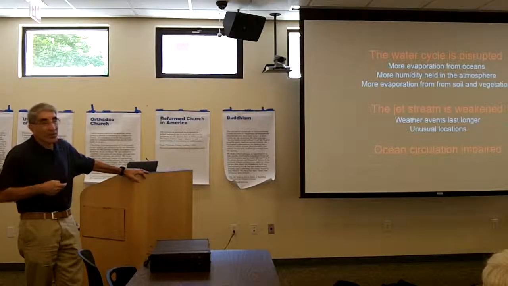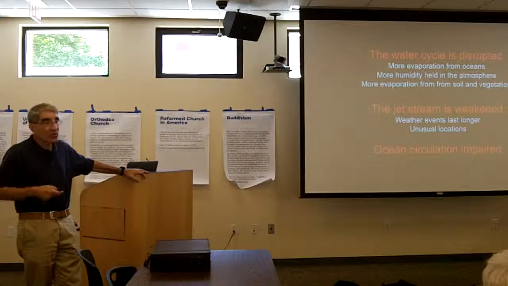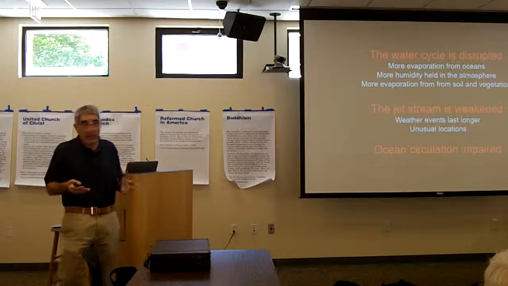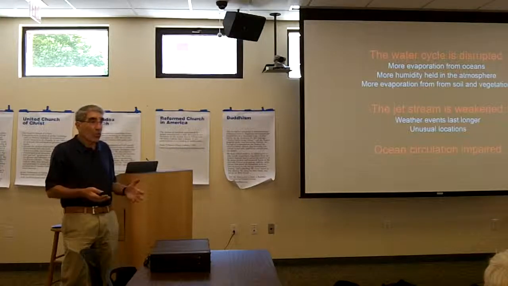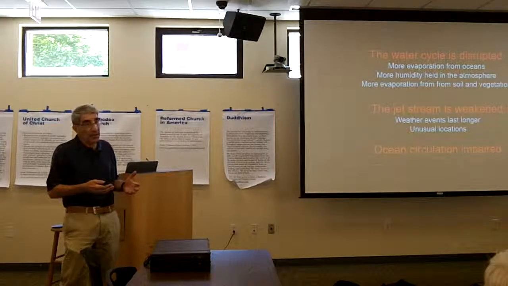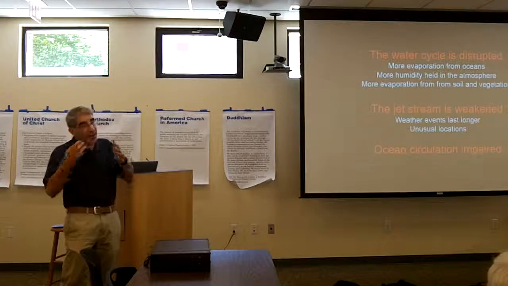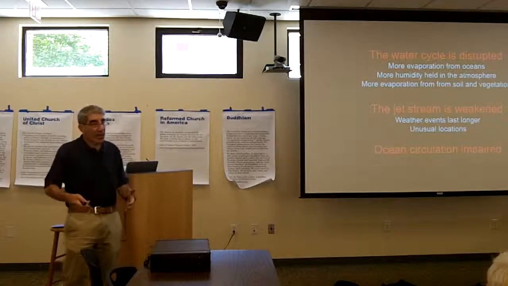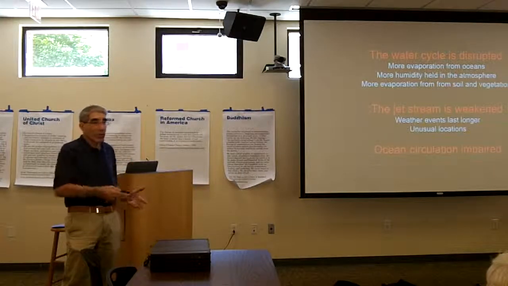So what's happening in the poles, we've lost half of our ice and snow in the Arctic. And so now when the sun's rays hit the Arctic, there's more land and water to absorb the heat and less snow and ice to reflect it back. So it's a feedback mechanism. The more warming, the more warming we beget.